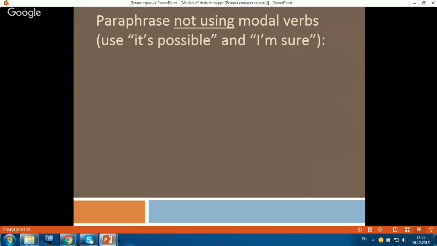Good. And now, guys, to conclude our lesson, your job is to paraphrase the sentences not using modal verbs. In your sentences, please use expressions such as it is possible and I'm sure.